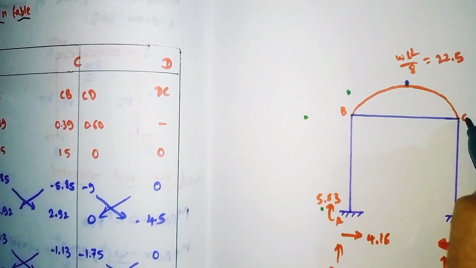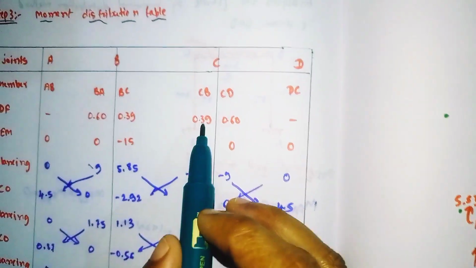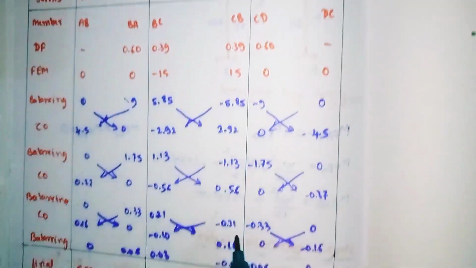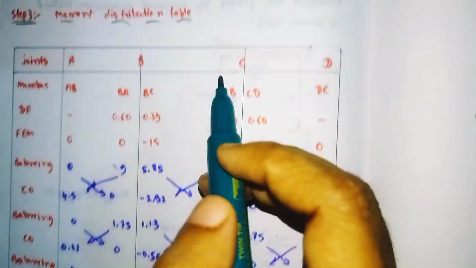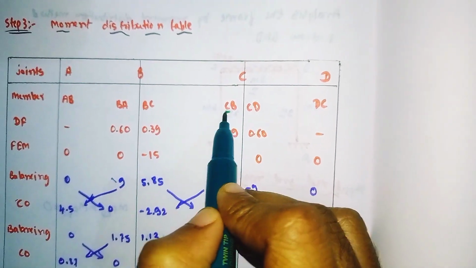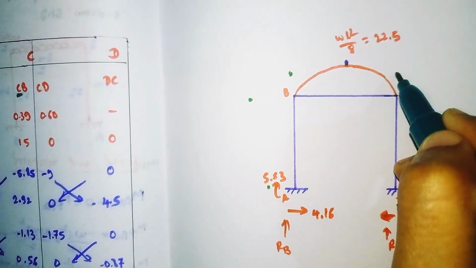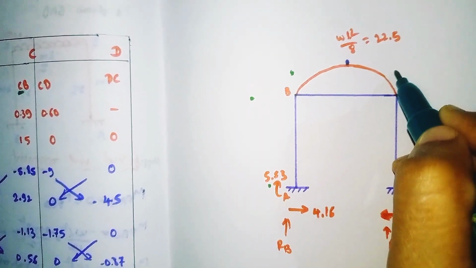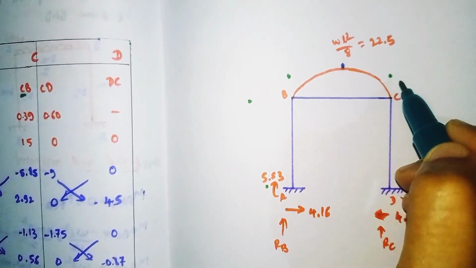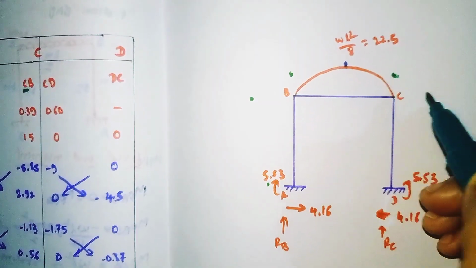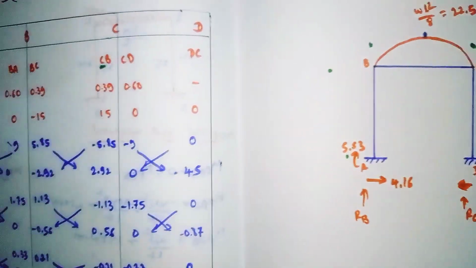And for CB, our value is 11.36. So for point C, 11.36 means it comes here. And for CD we need to see the first point.